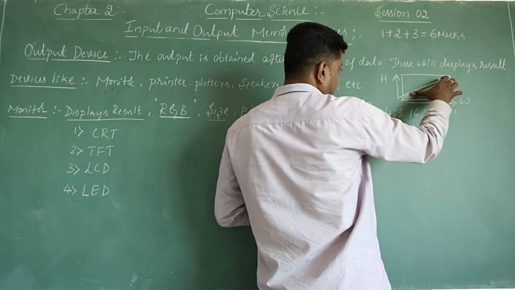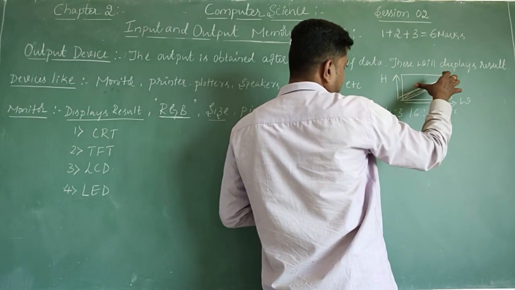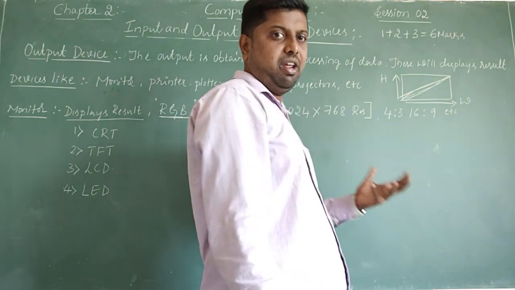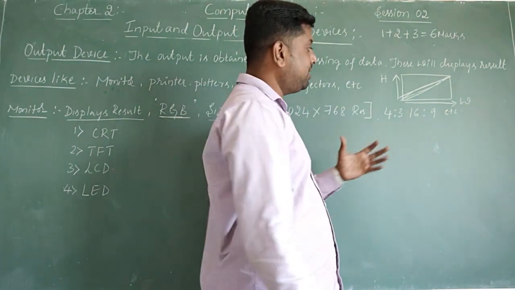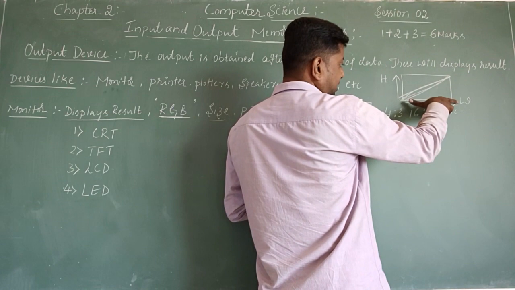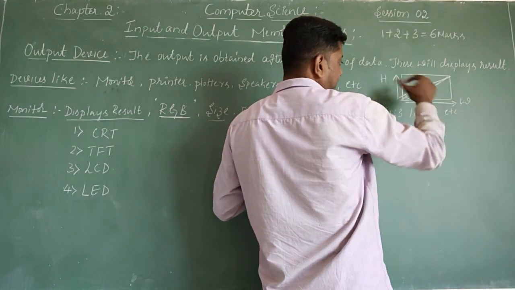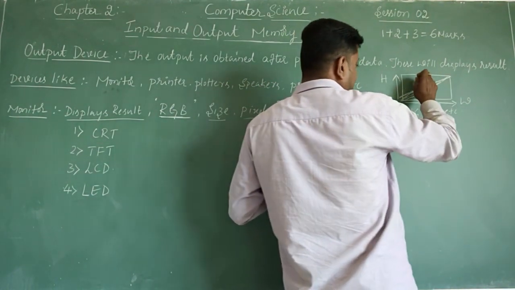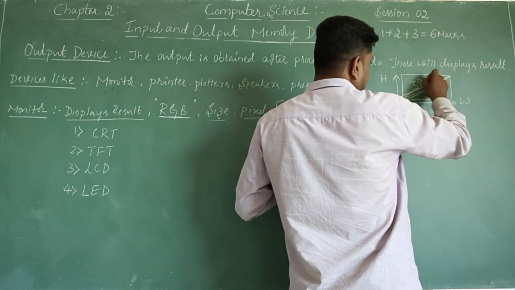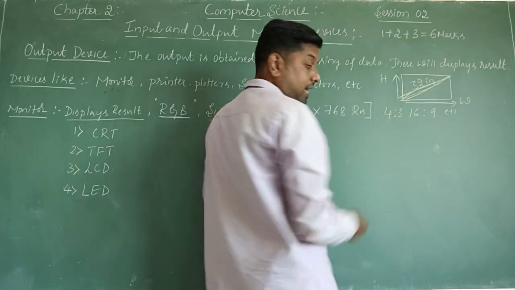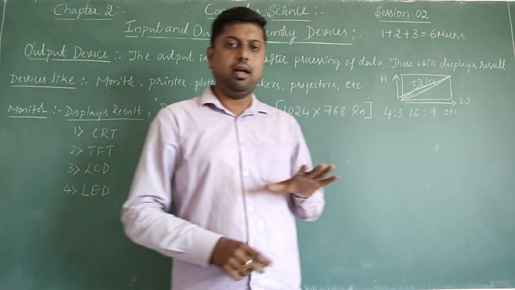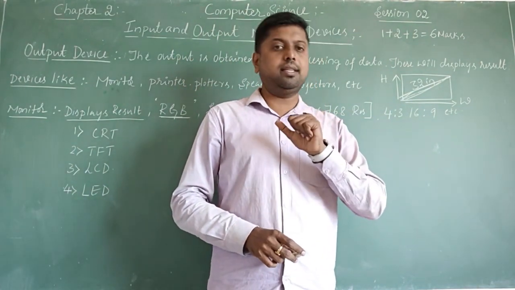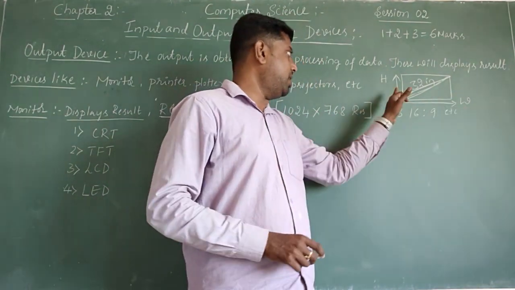This is what we call 14 inch, 15 inch, or 32 inches, 40 inches, 55 inches. That is not the width or the height, that is the diagonal. If you calculate it diagonally, only then will you get the exact size of the monitor, not based on width and height.